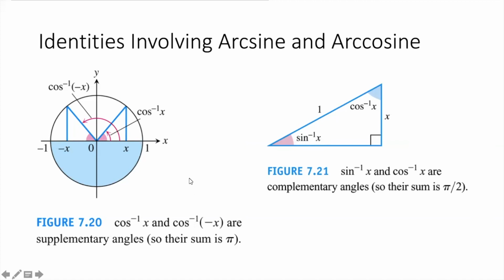So one identity, which I apologize, I don't actually have written out here, but this picture explains why the inverse cosine of x plus the inverse cosine of opposite x is equal to pi, because those two angles are supplementary. And the inverse sine of x and the inverse cosine of x are complementary angles. Therefore, the sum of those two functions is always pi over 2. And you'll see that again a little bit later.